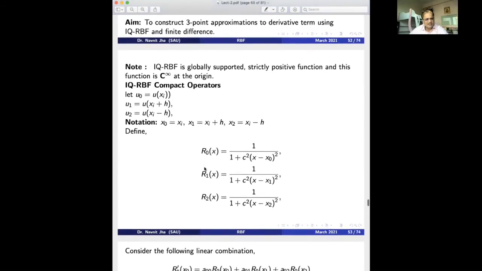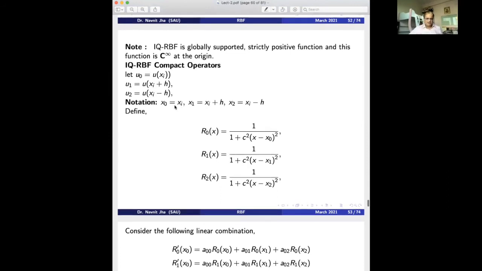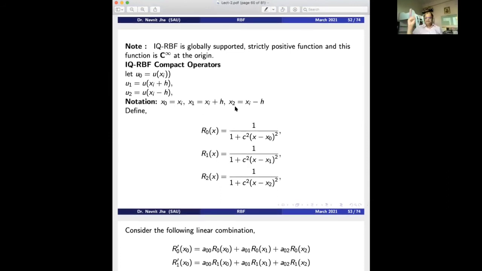Our notations are exactly on the same line. U0 is u at xi, u1 is u at xi plus h, and u2 is u at xi minus h. Again, in the subsequent derivation, exactly on the same line, I will use x0, x1 and x2 as the points appearing on the right hand side and left hand side.